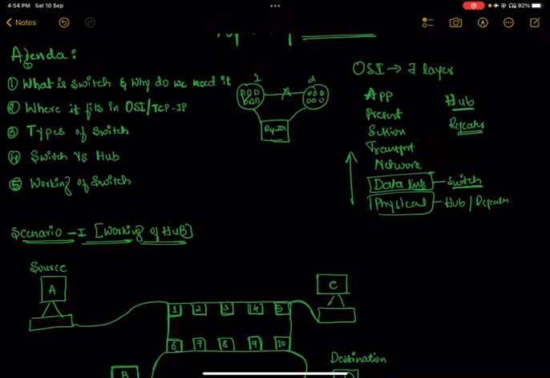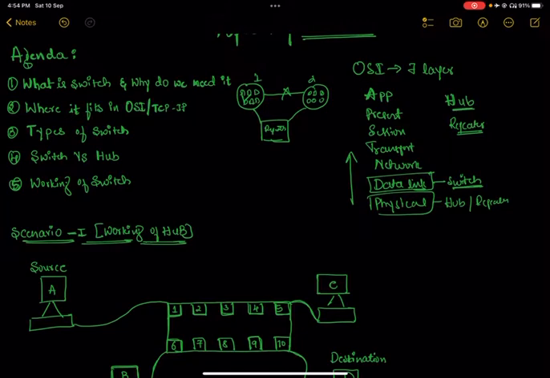That is the one thing that we had in our agenda. So now let's move on to the second part. We have already discussed it in a very brief way. Rightly here you can see that switch fits better in the data link layer. This is the basic info that we have already. Now let's talk about some more additional information.